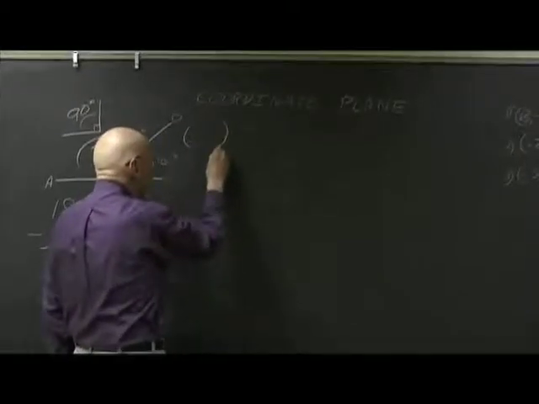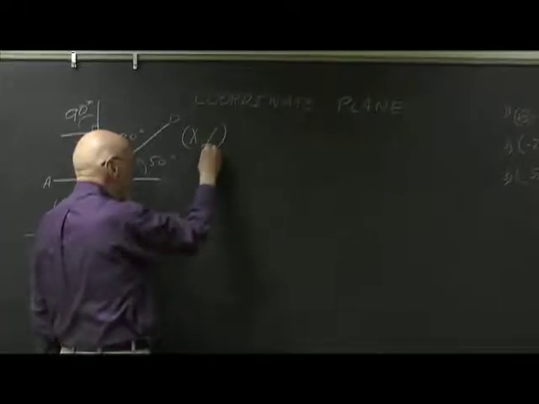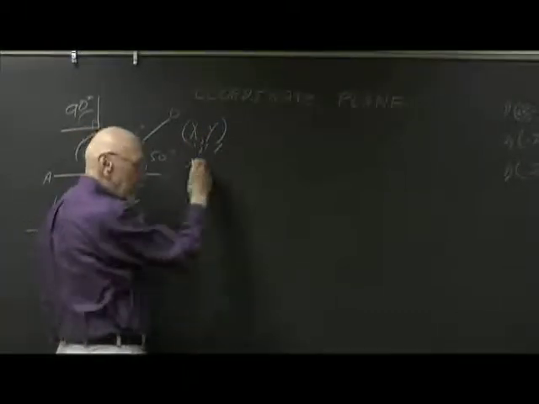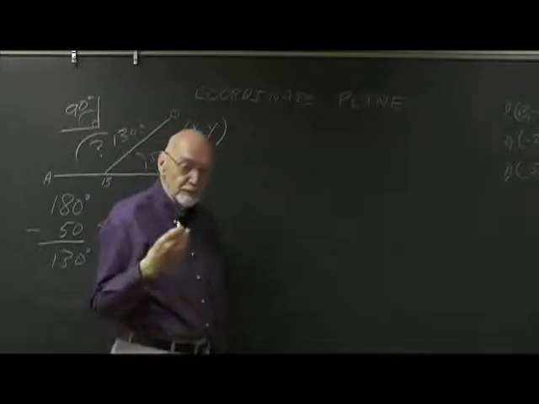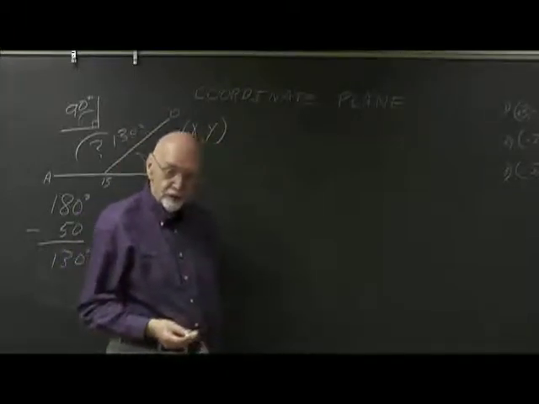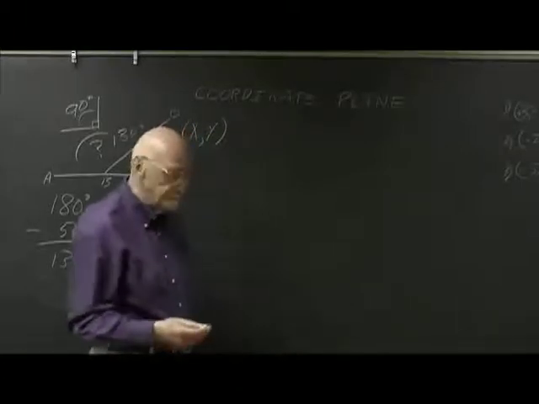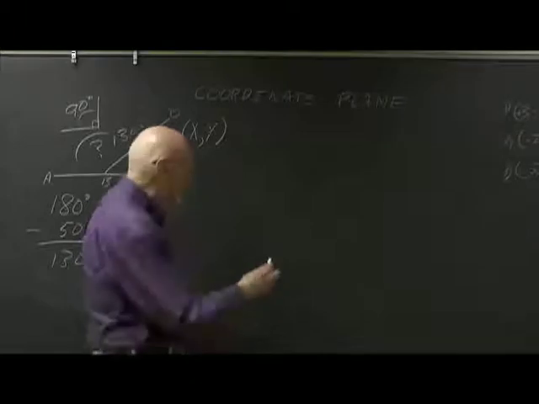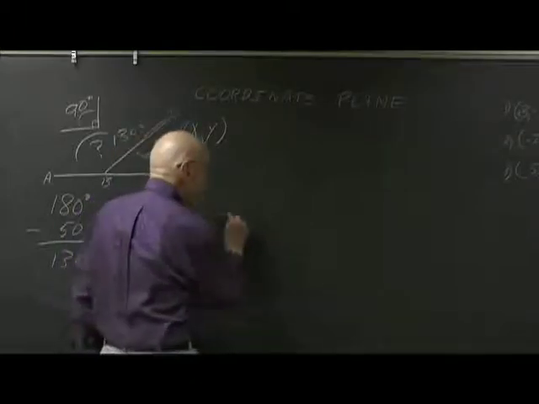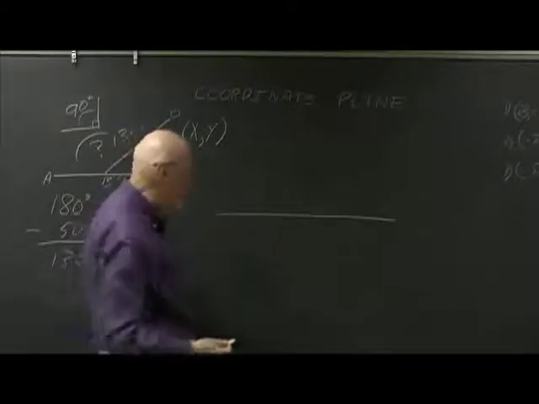Always, in those signed numbers, the x comes first and the y comes last. The best way to get a feeling for a coordinate plane is for you to draw one. So we'll draw one right now. Please draw the same things that I'm drawing at the board.